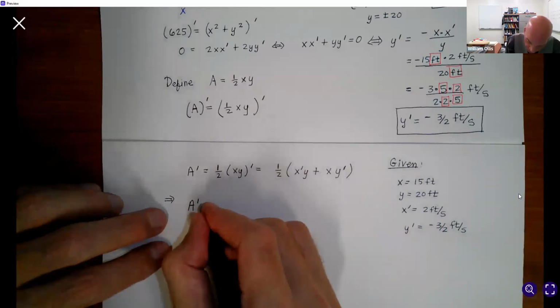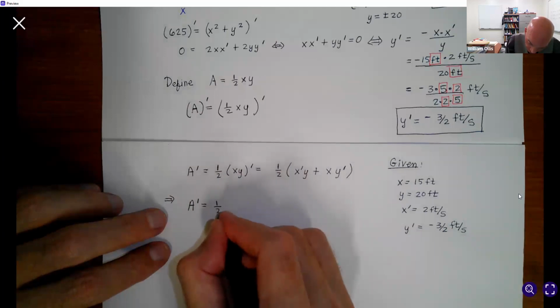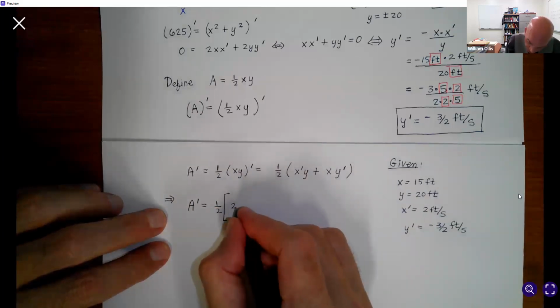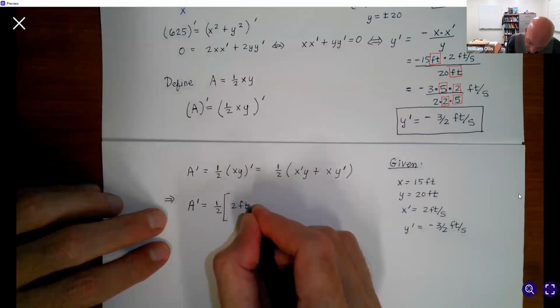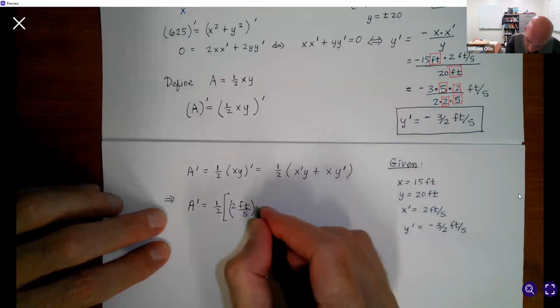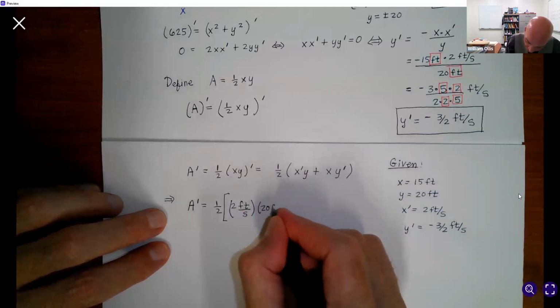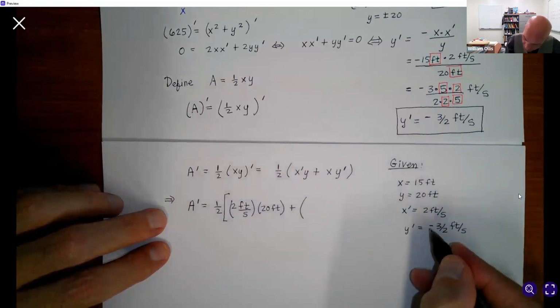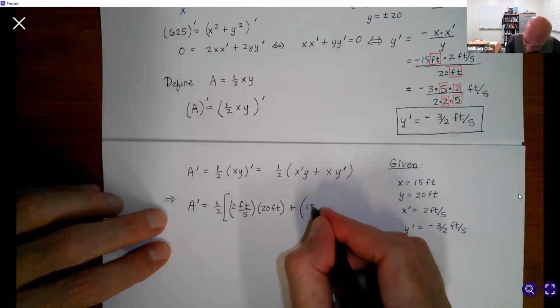So let's fill all of this in. We have 1/2, so we have x prime, 2 feet per second, and then y is 20 feet, plus x is 15 feet.